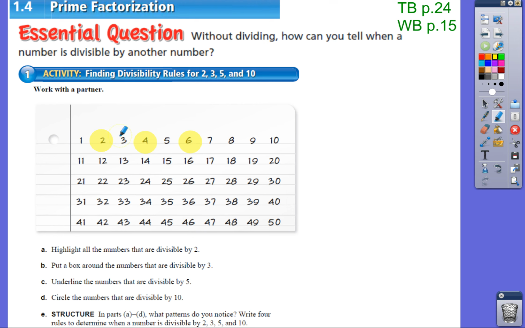So you're going to take a look at the number 3, start here. You're going to put a box around the number 3. Okay, that's 3 times 1. And then you're going to go 3 times 2, 3 times 3. Put a box around anything that is a multiple of 3. You're going to do the same thing with the others. And in the end, question E asks you, what patterns do you see? Please write 4 rules to determine when a number is divisible by 2, 3, 5, and 10.